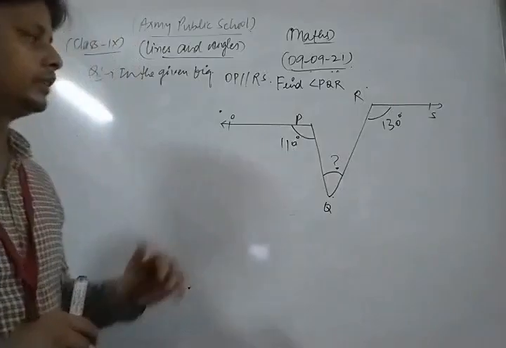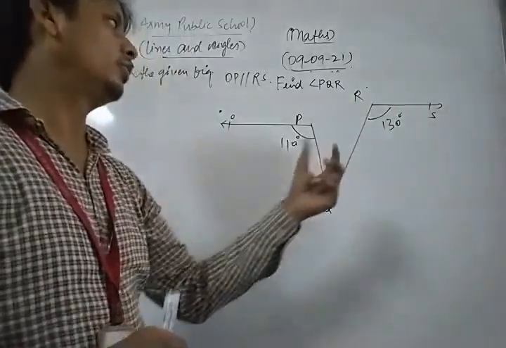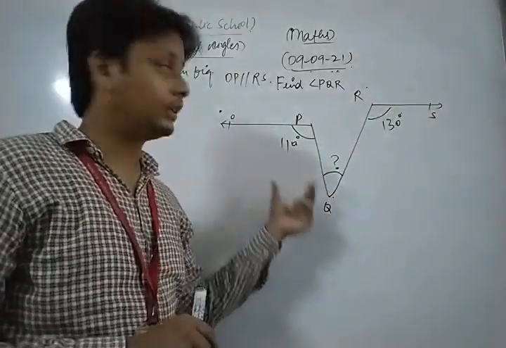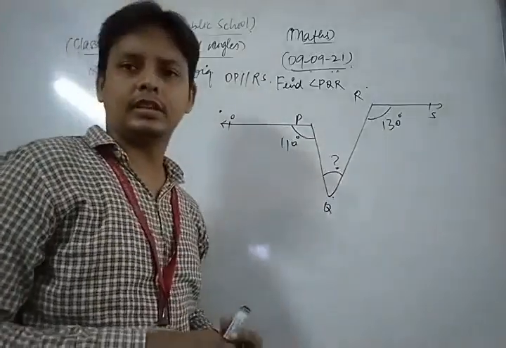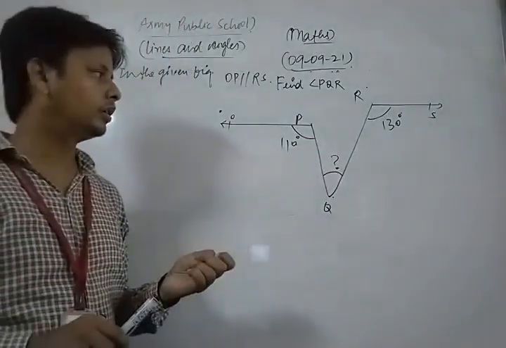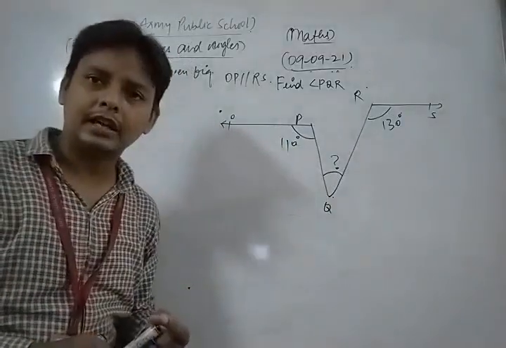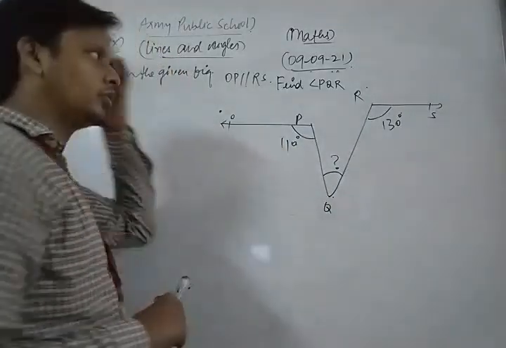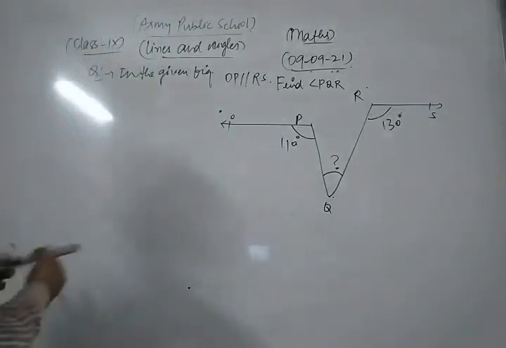First of all, we draw a line through Q parallel to OP as well as RS. After that, we apply the conditions for supplementary and complementary angles. Now let's see its solution.